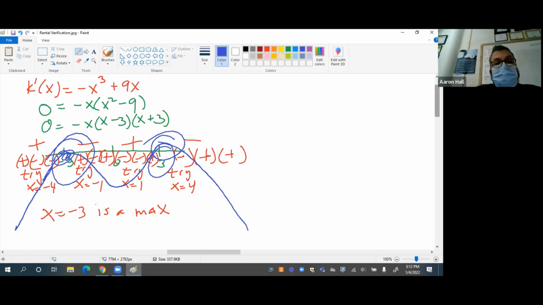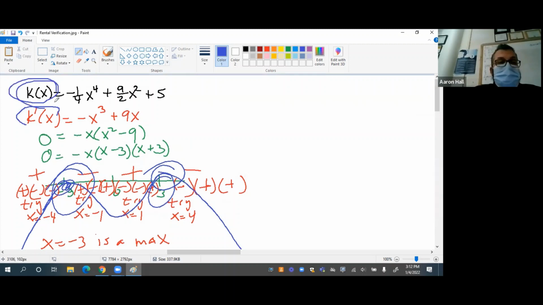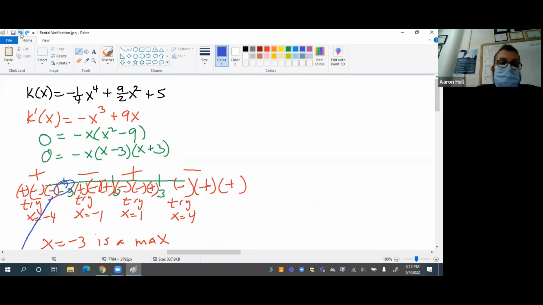Would we plug it into our original equation? Yeah, into our original equation, and it'll tell us our y value. Whichever y value is the highest will indicate which one is the highest max. So that's what we have to do.